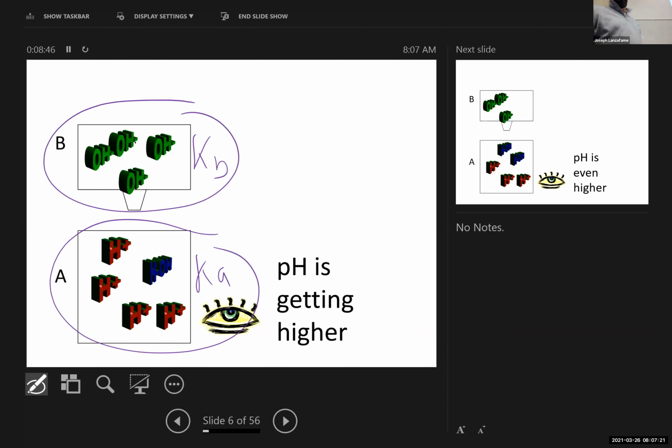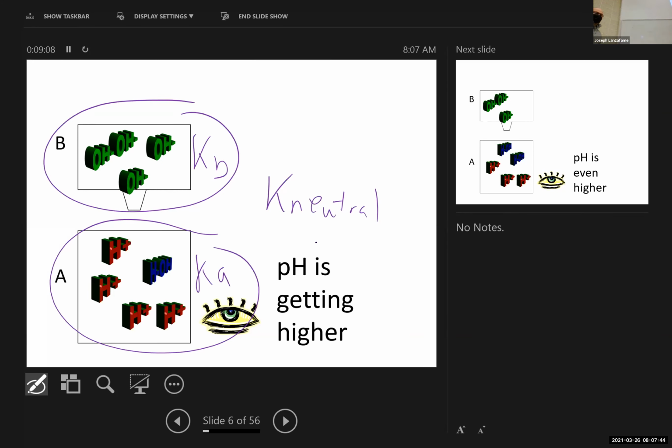And what I've really done by mixing them is introduce a K neutralization reaction, right? Whether my base is hydroxide containing or not, when I mix the two together, I'm going to get a neutralization reaction, right?